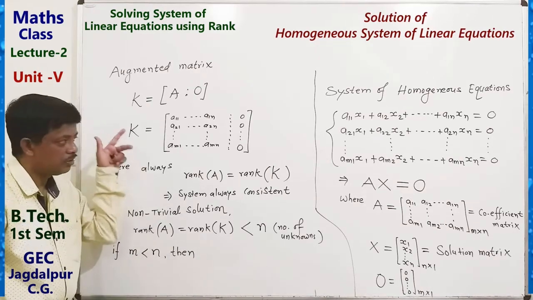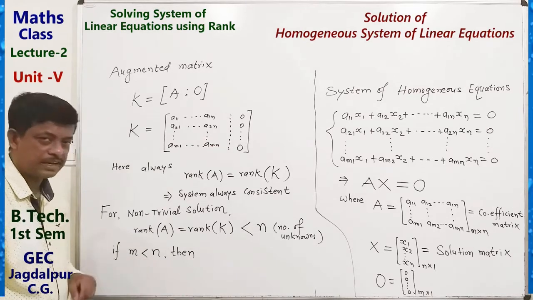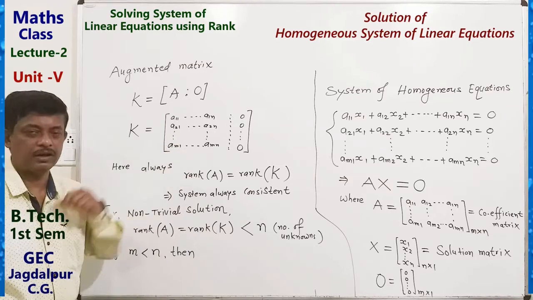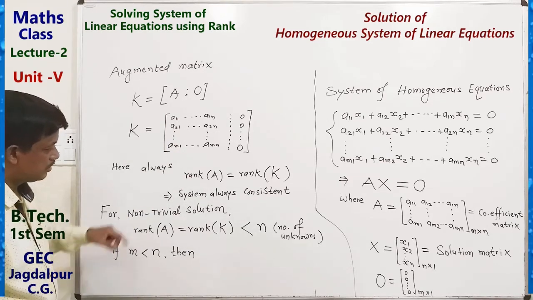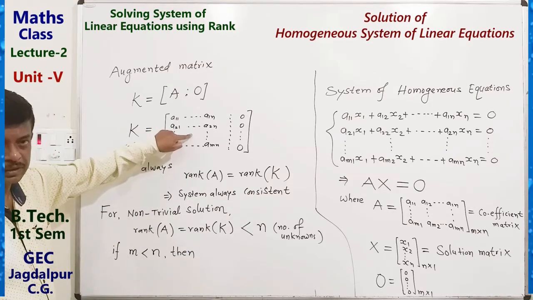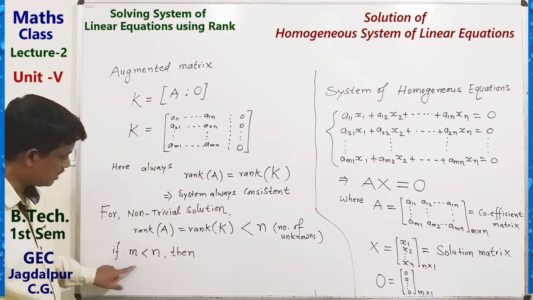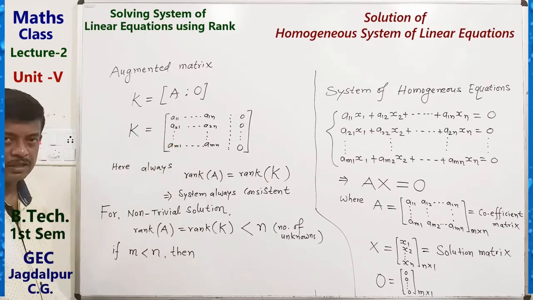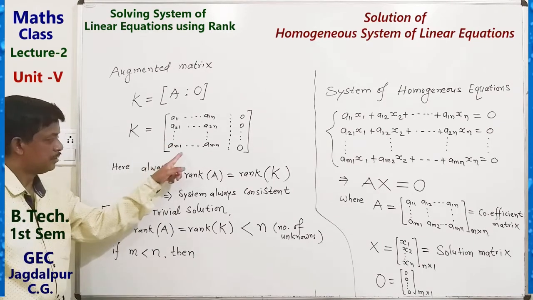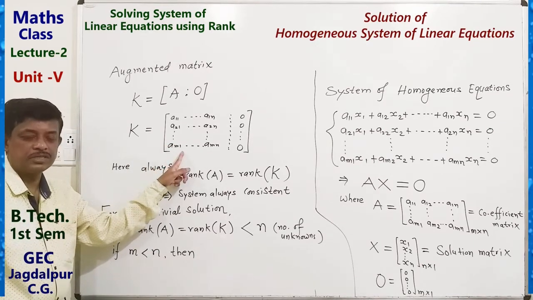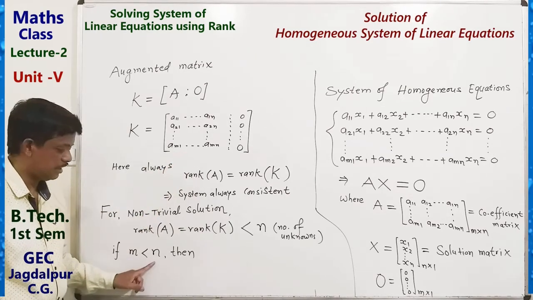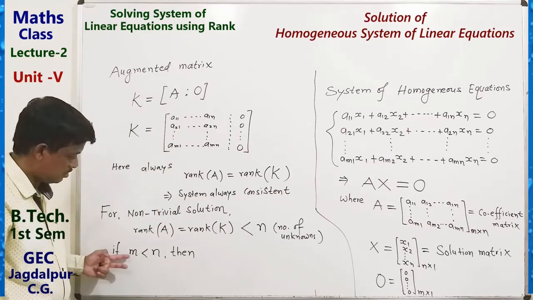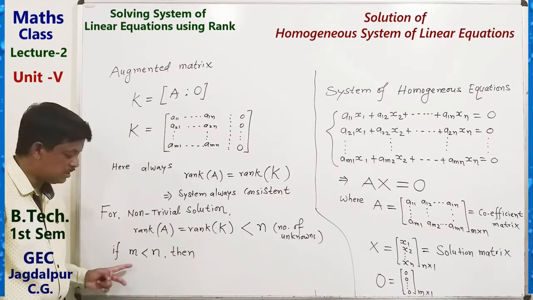The number of equations is less than n, less than the number of unknowns, then its rank will always be less than n, because here the number of rows is m, and m is less than n.